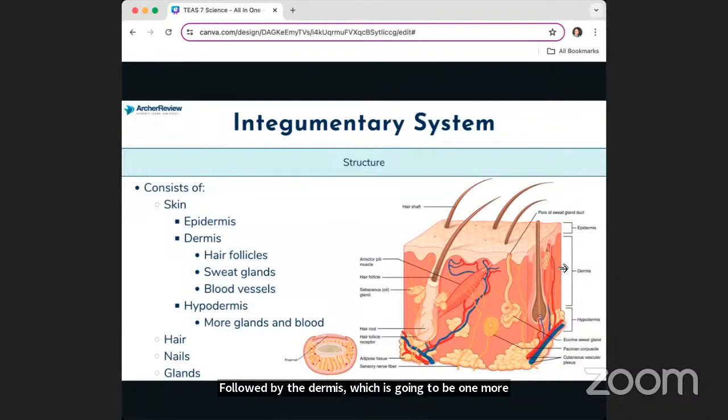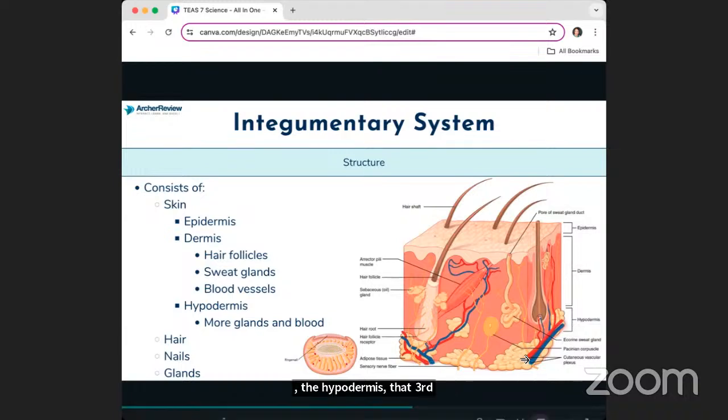And the dermis, you can see here, since it's such a large unit of this picture, it houses hair follicles, sweat glands, and blood vessels. Followed by, at the base of all of this, the deepest level, the hypodermis, that third layer.